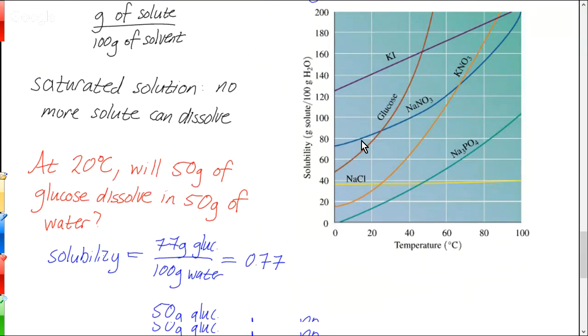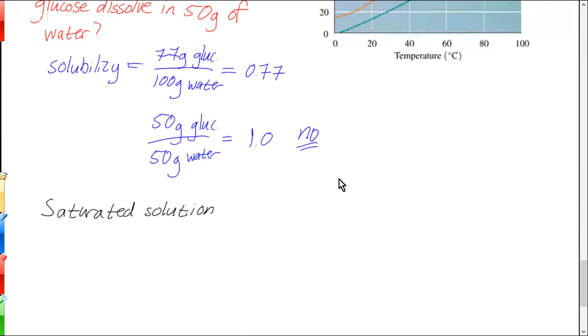Why isn't that the best way to make a saturated solution? If we truly want a saturated solution, meaning a solution that has as much solute as possible in the water, why can't we just measure out the solute and dissolve it in that much water?